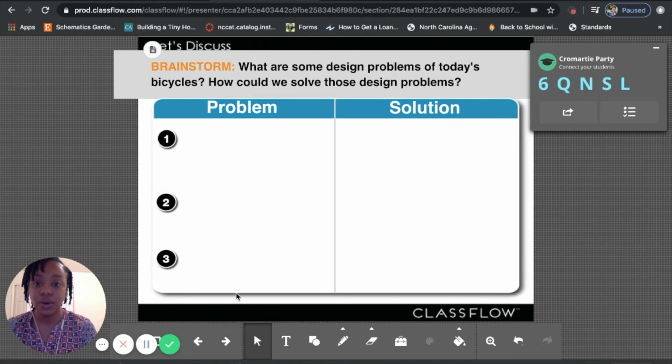Now brainstorm. What are some problems of today's bicycles and how could we solve those design problems? Write your problems here using the text box.